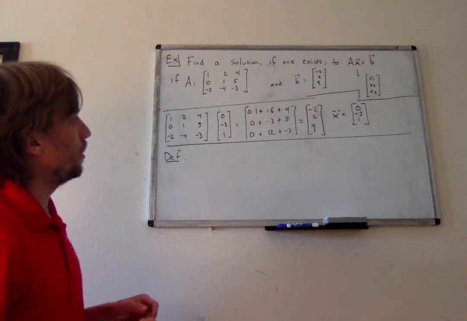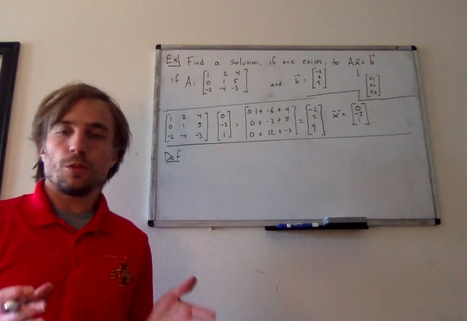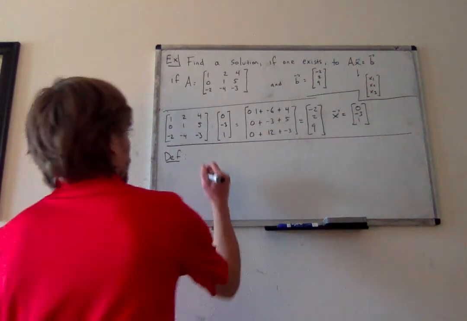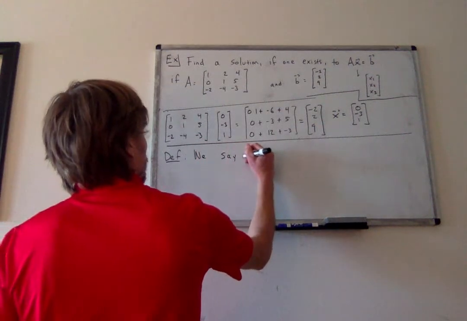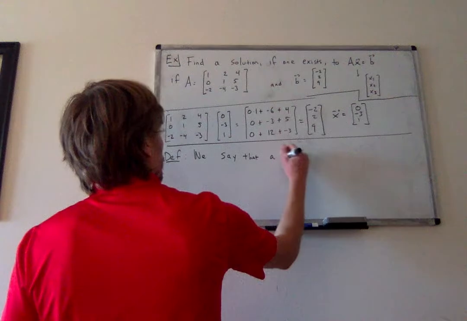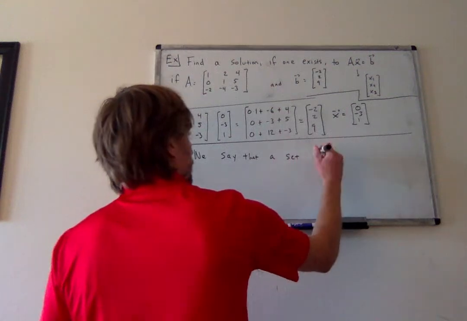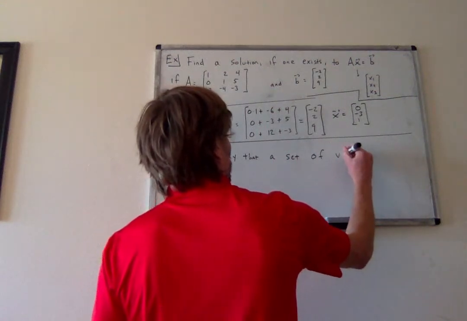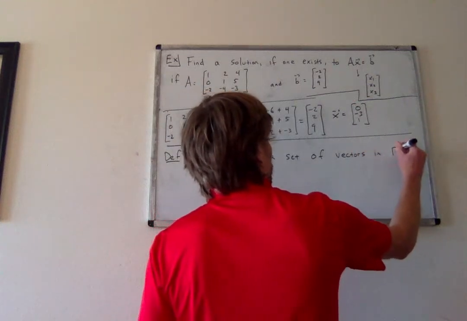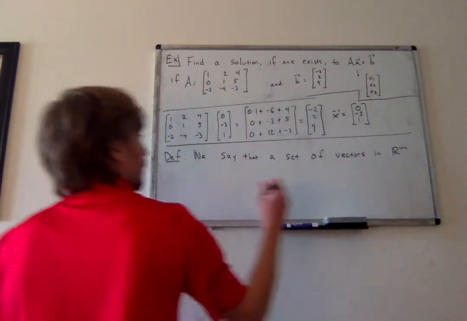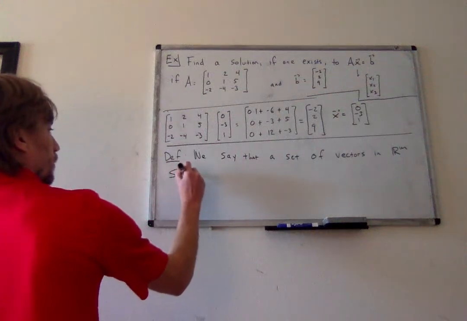So this will be one of the more straightforward definitions, I think, that we introduced. But we say that a set of vectors in Rm spans Rm.